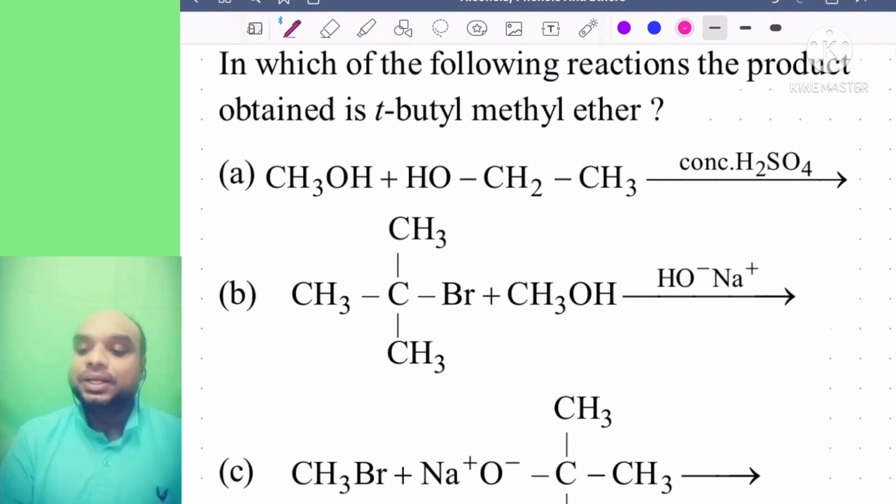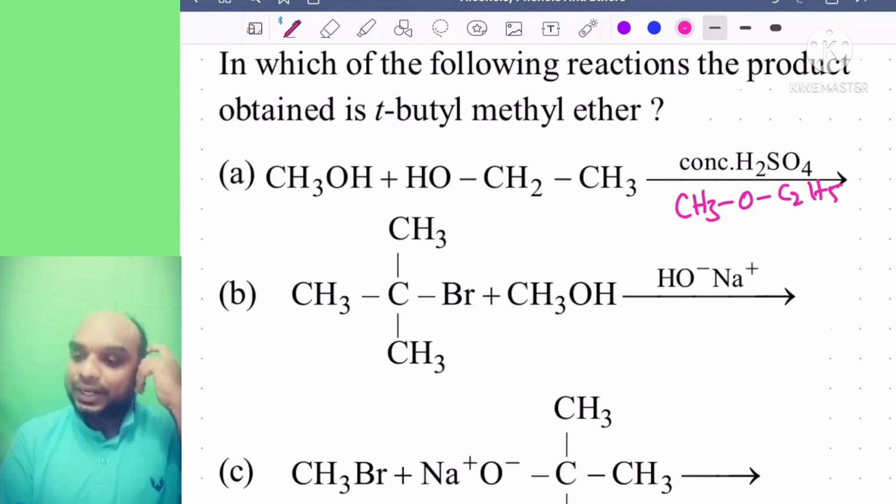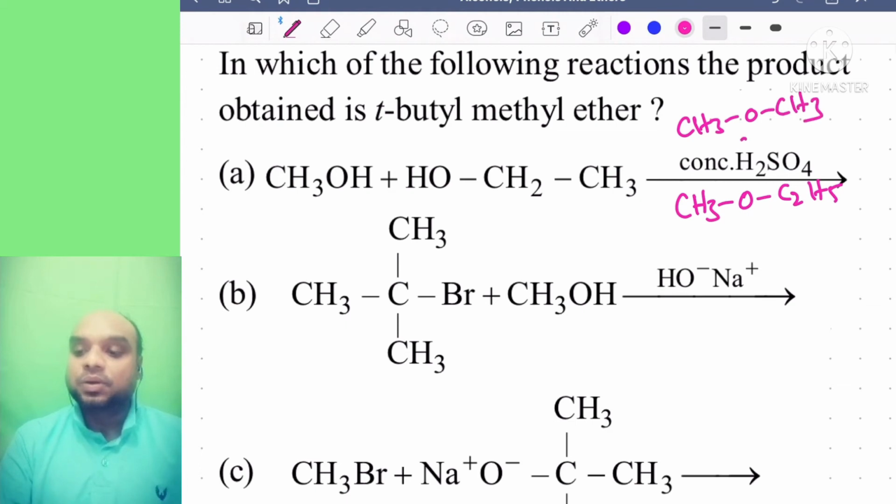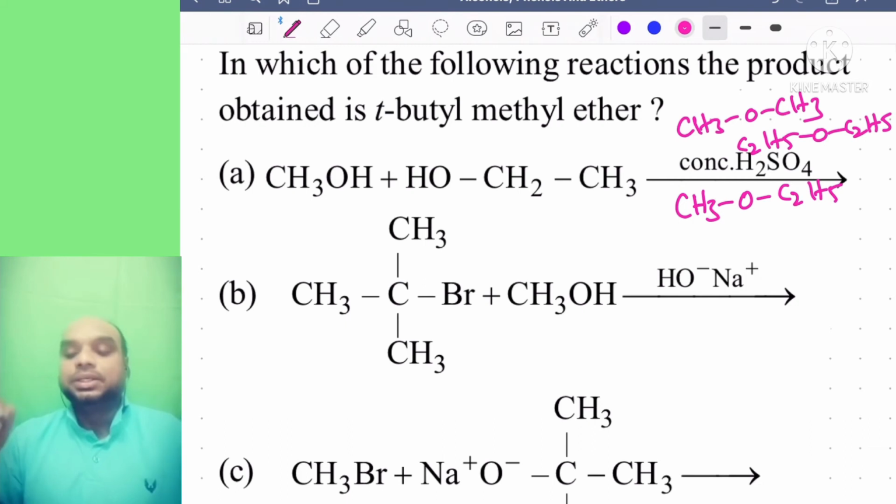Which ether can you get here? Like this, CH3OC2H5, methoxyethane. Otherwise methoxymethane, otherwise ethoxyethane. Any one of these three combinations. But tertiary butyl methyl ether is not possible.